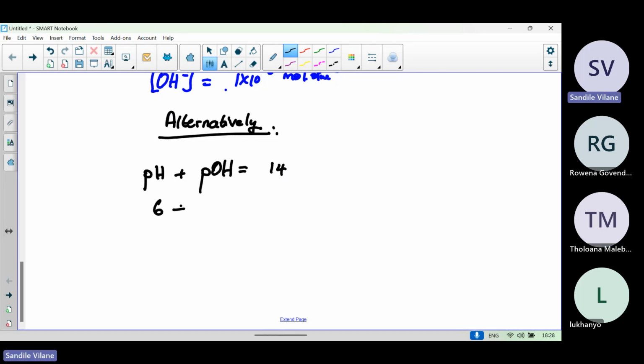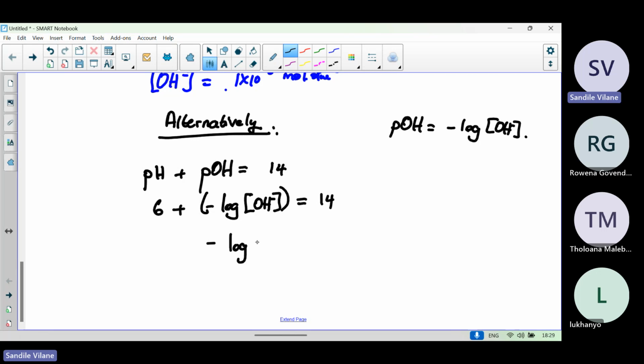So we have this 6. Remember, pOH by definition is equal to minus the log of the concentration of OH minus ion. So in your case, this will be minus the log of the concentration of OH minus ions. So you are absolutely right. Then this minus log of the OH minus concentration will be equal to 8, so that at the end of the day, you divide both sides by -1.